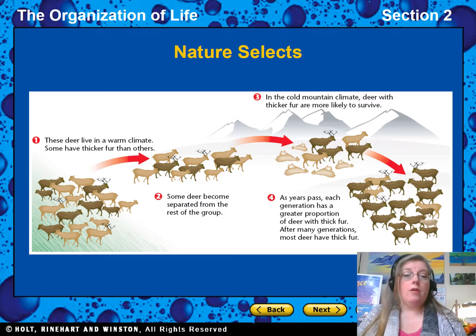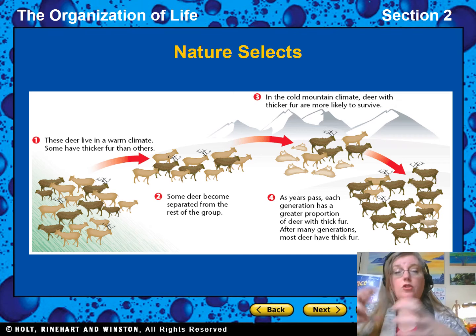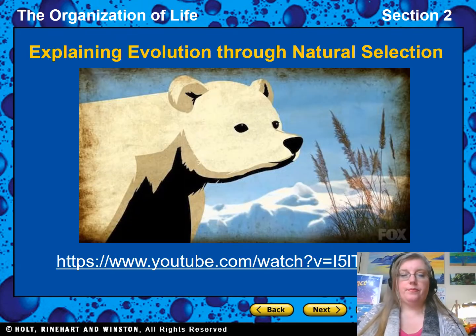That's how the population can change. Now if these two populations come back in contact with each other, they'll get mixed up again. The only way it's going to stay different is if they stay separated, and that's called speciation, making new species. You'll learn about that in biology.